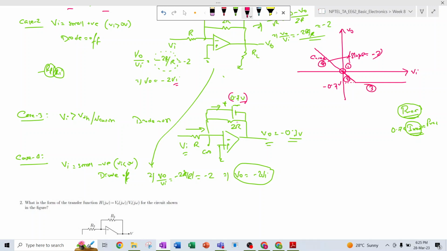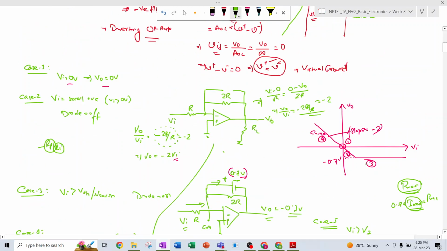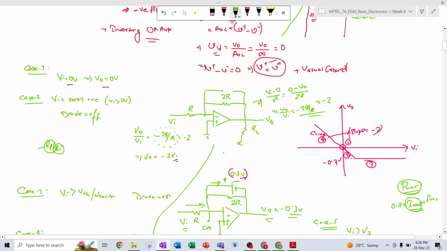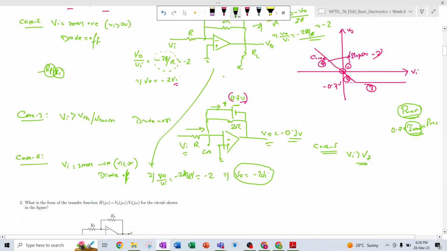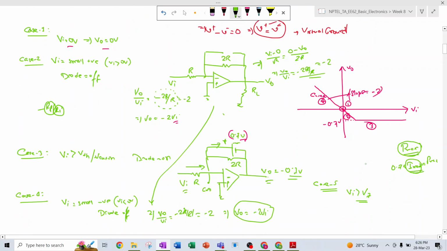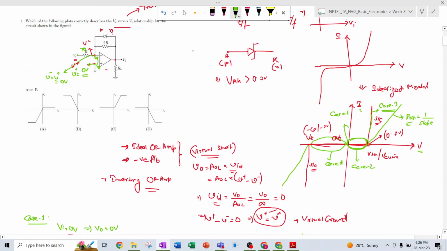Okay, so now case 5. If it is greater than the Zener voltage, that is Vz, what happens is VO is basically increasing, and this terminal is 0 volt.